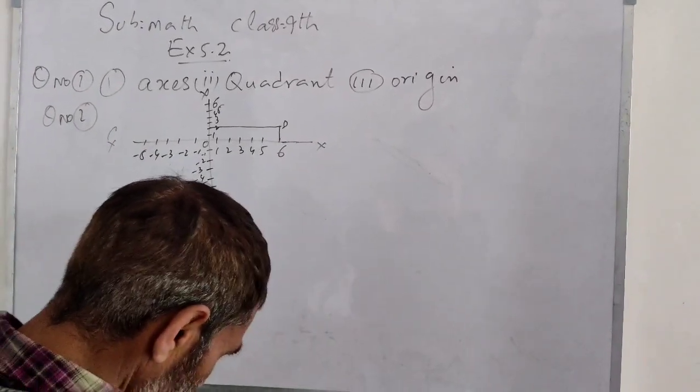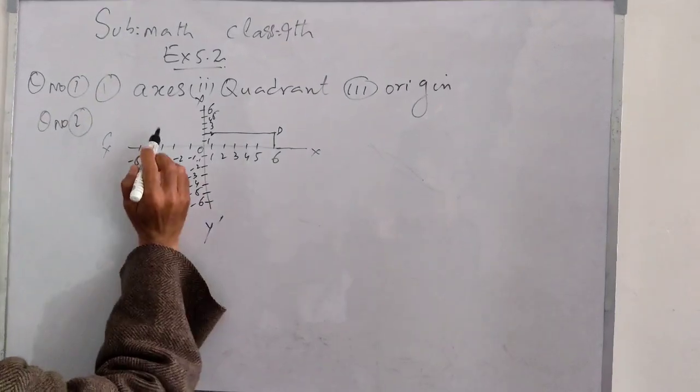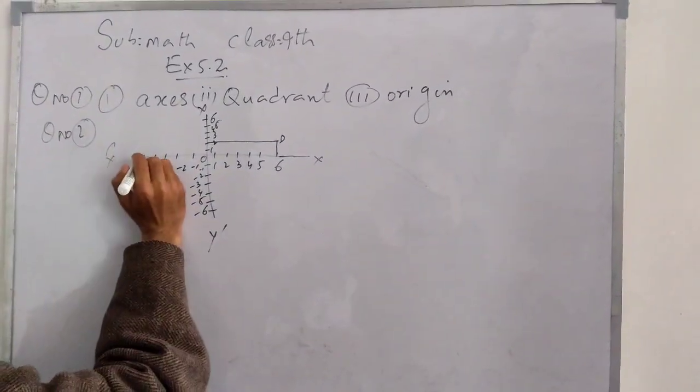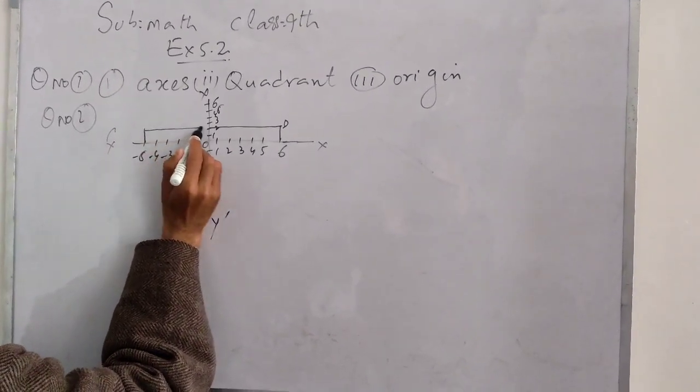Similarly, this is the position of B in the second quadrant. Minus 5 units on x-axis and 2 units on positive y-axis.